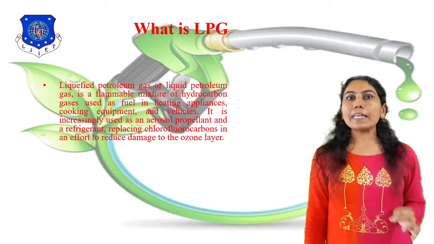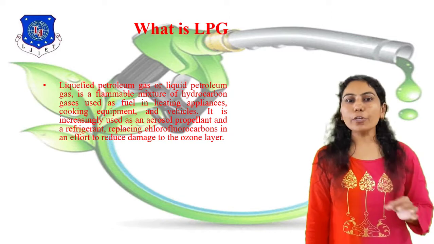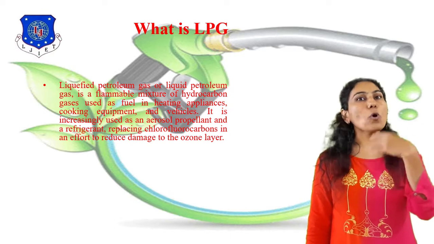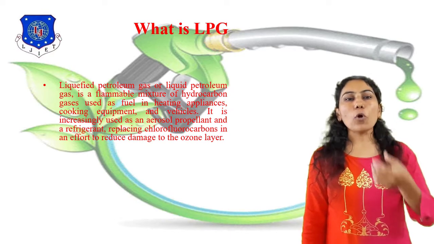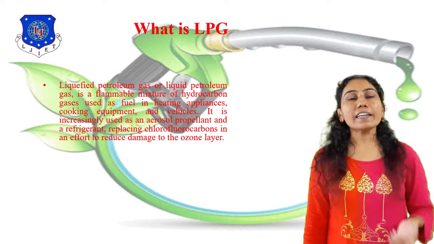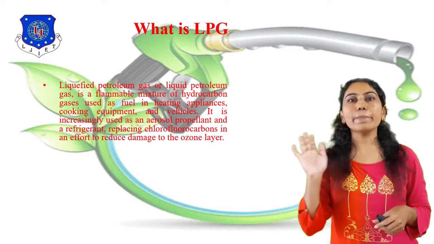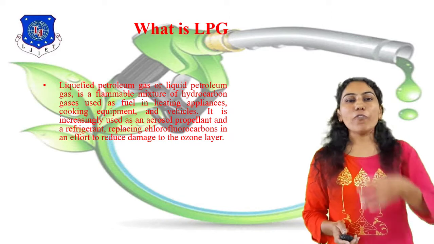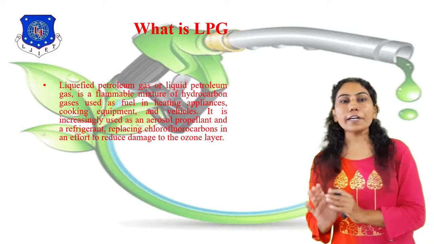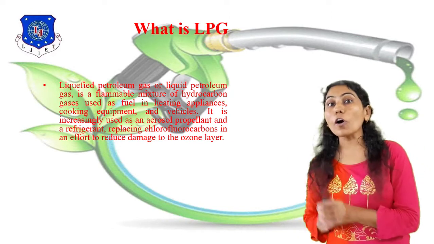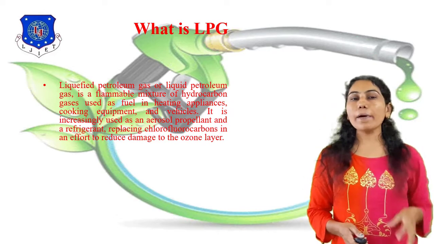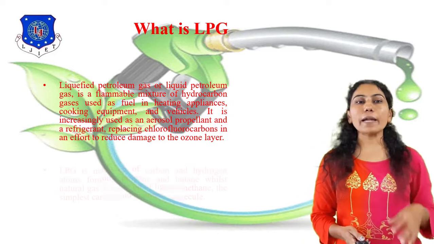The main parts are propane and butane. It is also used as an aerosol propellant and refrigerant in place of chlorofluorocarbons, CFCs, in an effort to reduce the damage to the ozone layer. This is a simple definition of liquefied petroleum gas.